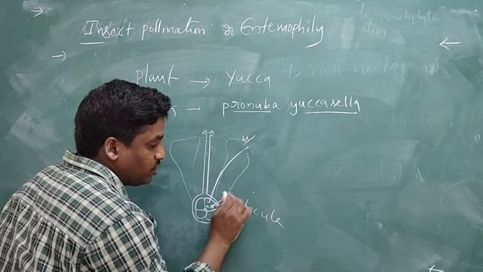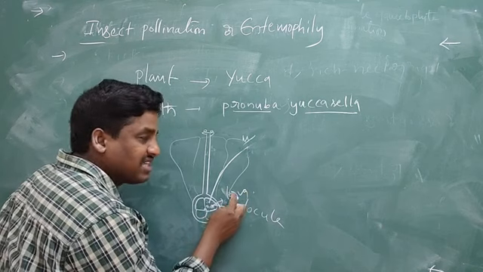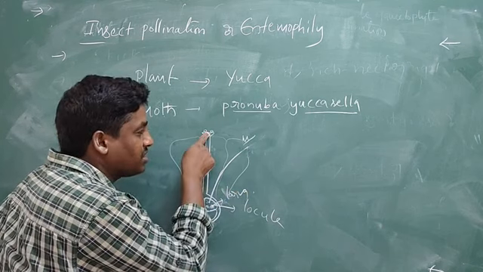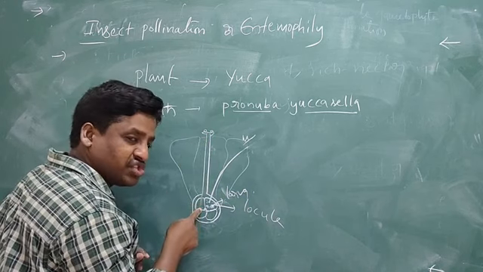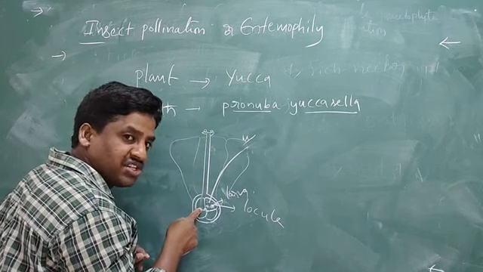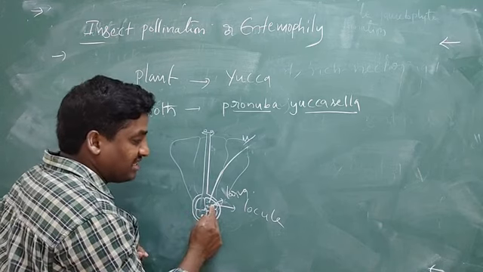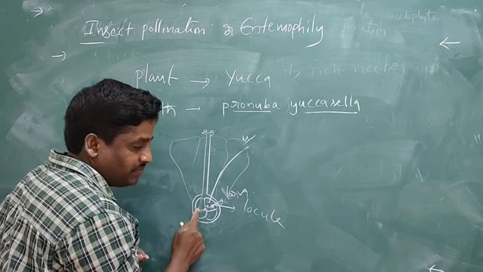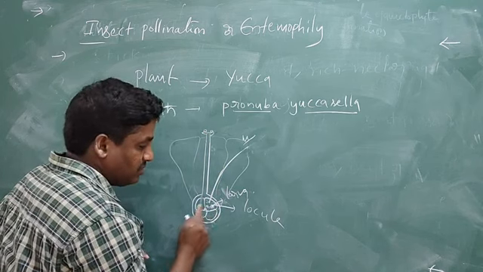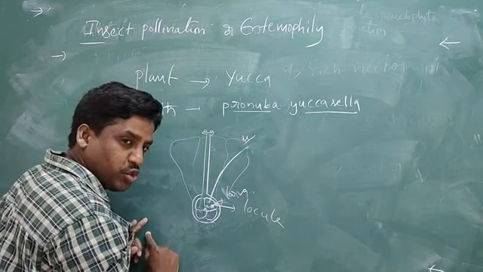Whenever the larvae come out, the flower has already been pollinated, which leads to fertilization. Seeds are developed, and by the time the larvae come out, the seeds are developed first. Whenever the larvae come out, the seeds also come out, and the seed generally produces a new organism.